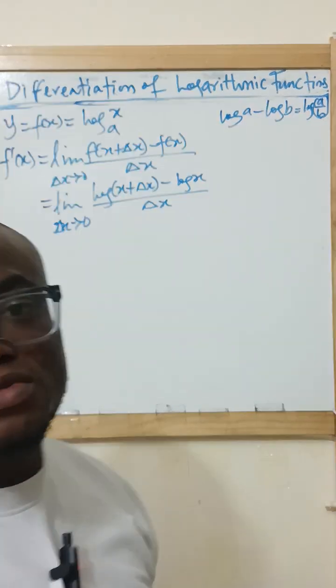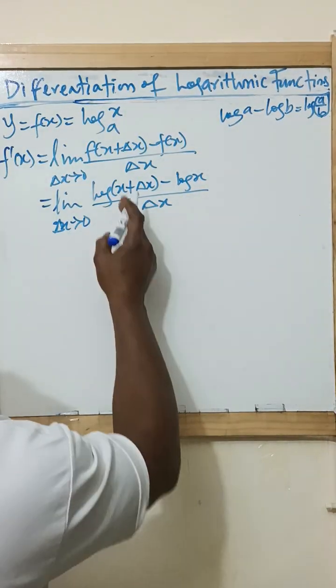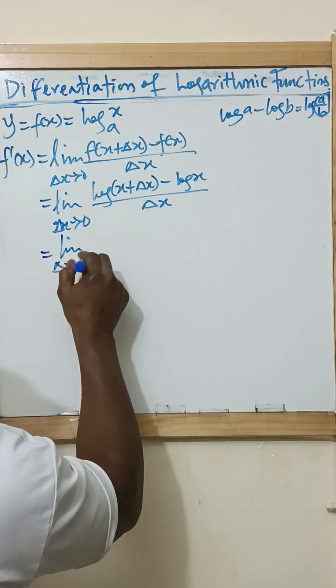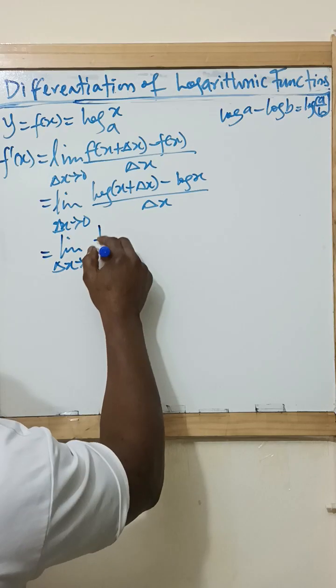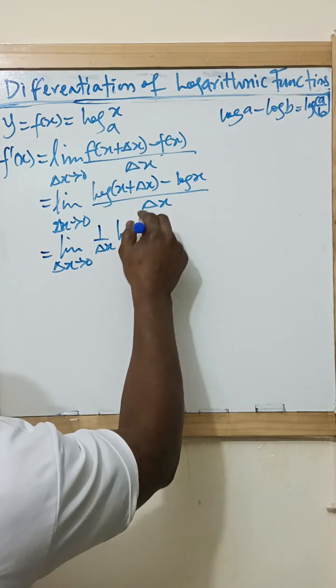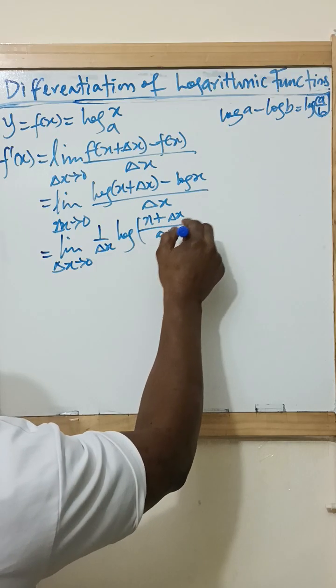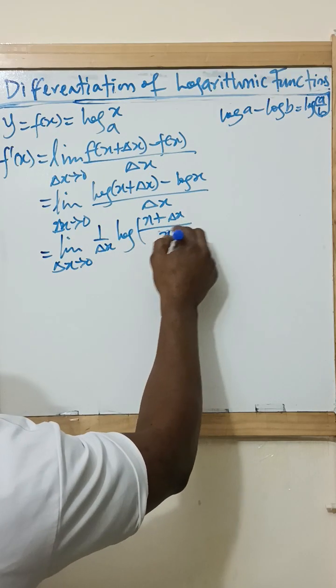It's going to be the limit as delta x tends to 0 of 1 all over delta x, log of x plus delta x all over x, right? That is, this one is the numerator and this is the denominator.